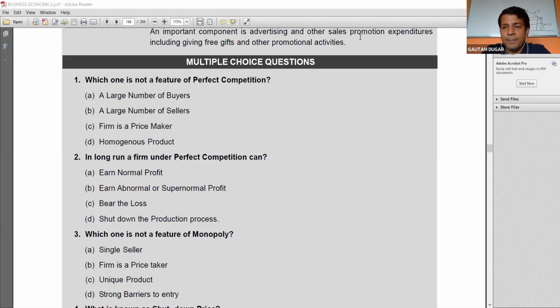I discussed it today. No one is answering in the chat box. The question is, why does a firm earn only normal profits in the long run in perfect competition? Because of which assumption? I found Tanisha has given a wrong answer.